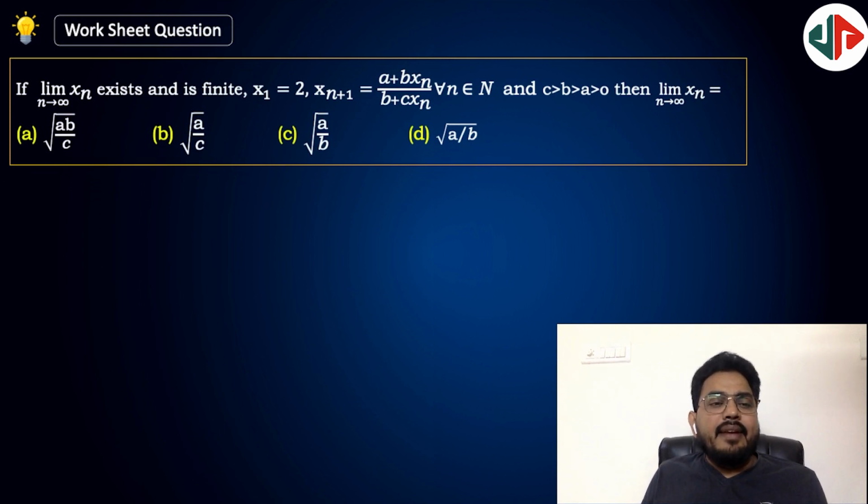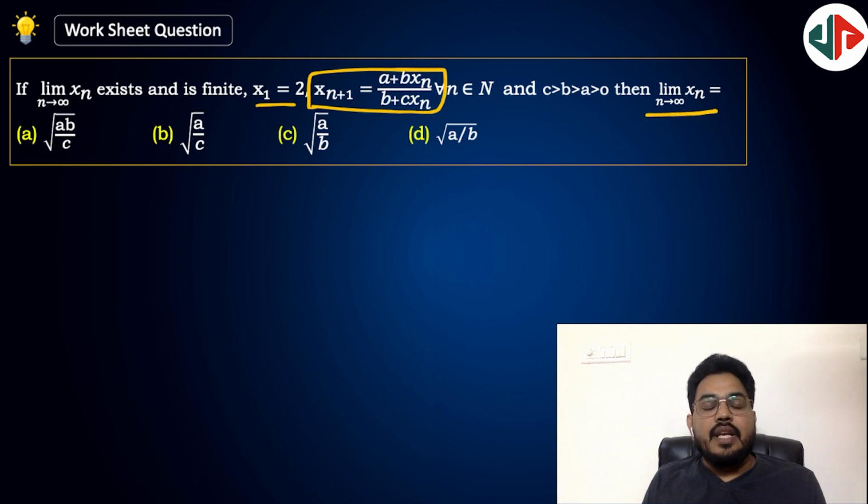If limit n tending to infinity of xn exists and is finite, x1 is equal to 2, and xn plus 1 is equal to this, what is the limit? When n tends to infinity, xn plus 1 is almost equivalent to xn.